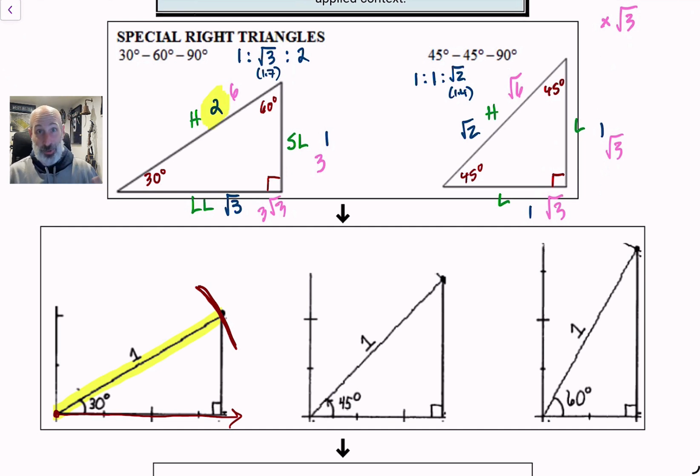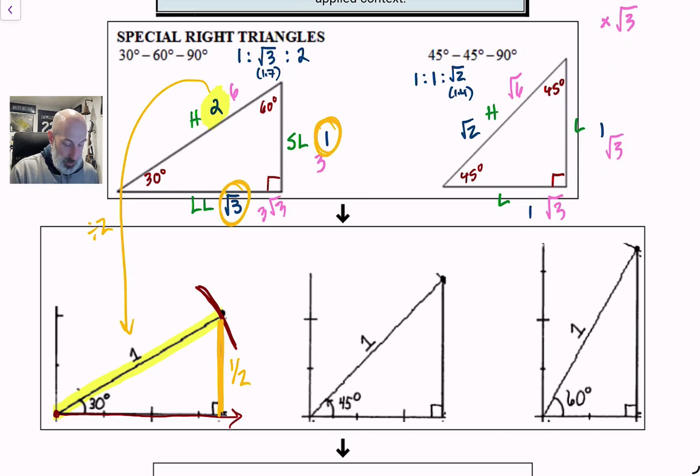And if it's a unit circle, the radius has to be 1. So what we need to do is divide all 3 of these sides by 2 to come up with the side lengths that we need. Meaning, this shorter leg is going to be 1 divided by 2, or 1/2, easy enough. The square root of 3 is going to become the square root of 3 over 2.